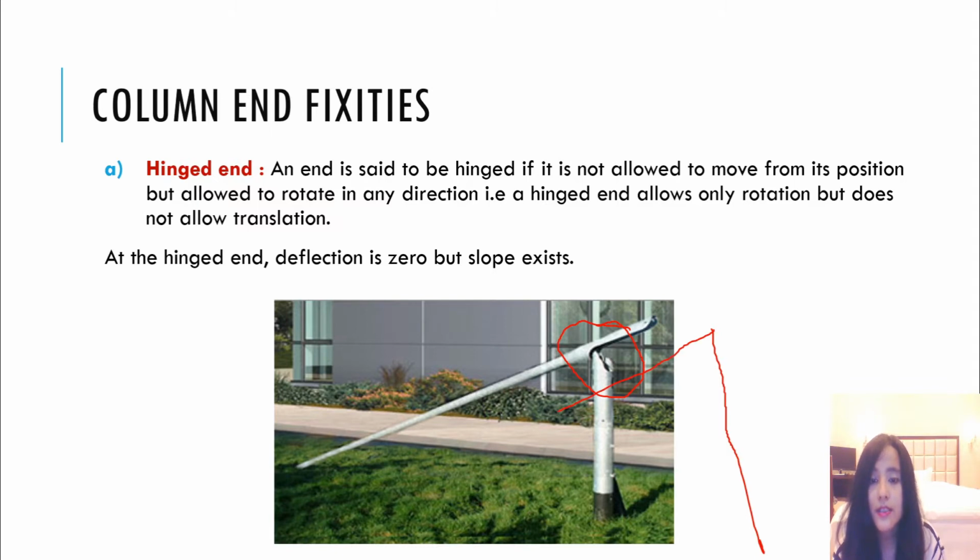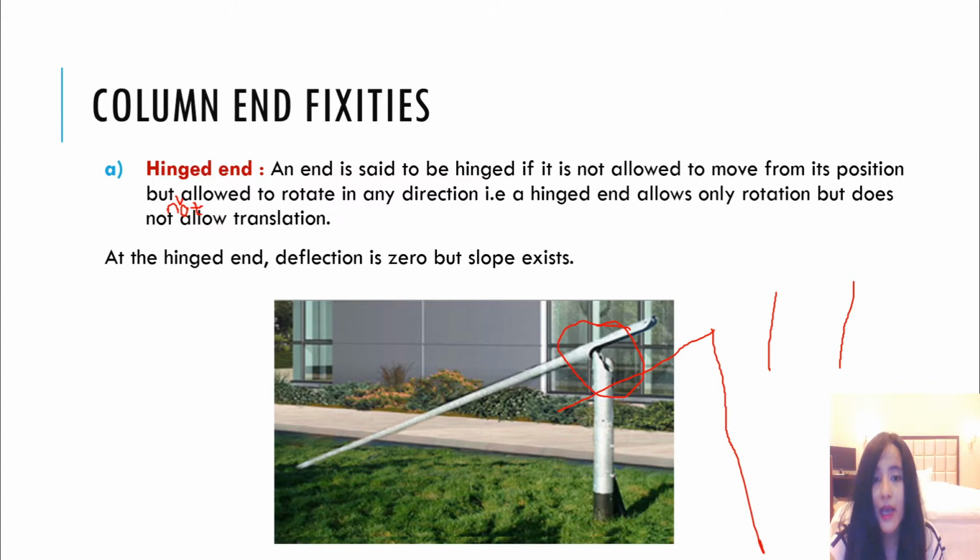So it is now away from its original position. It is allowed to move, okay, but not allowed to rotate in any direction. Okay, that is hinge, it allows only rotation but does not allow translation. तो translation मतलब आपके column यहाँ पर है, यहाँ से उठा के दूसरी जगह पे लेके जाने के लिए.